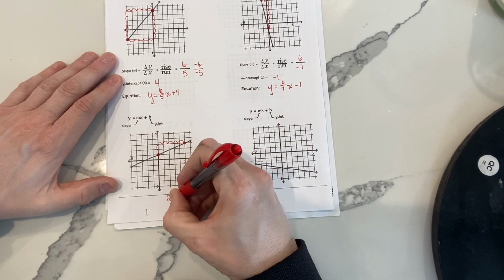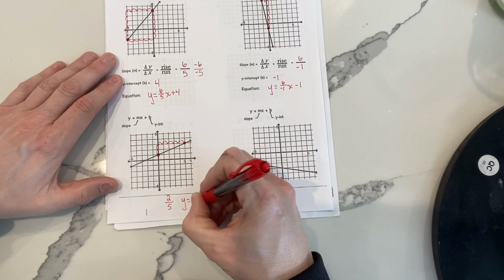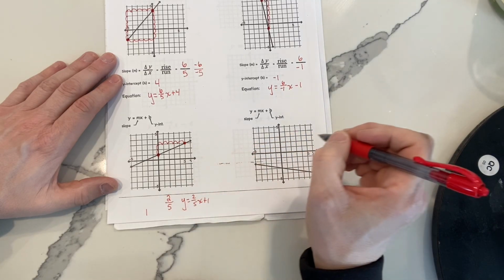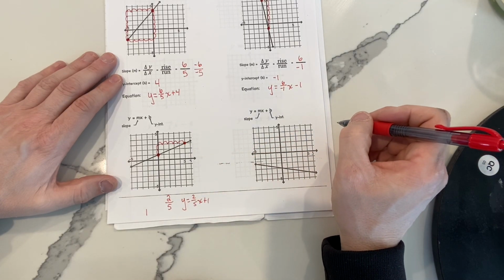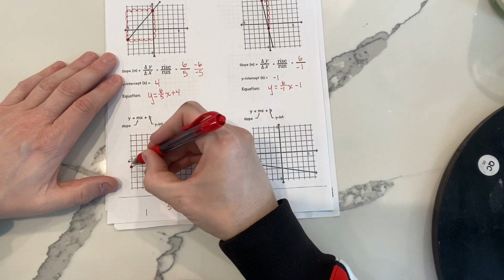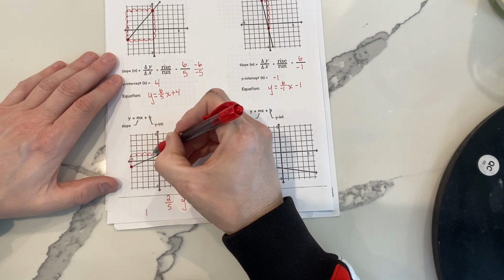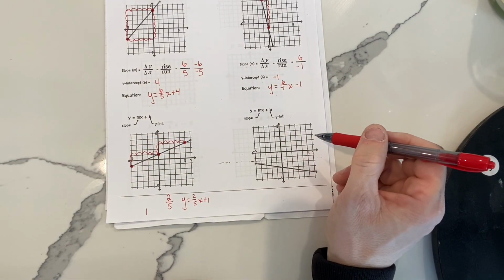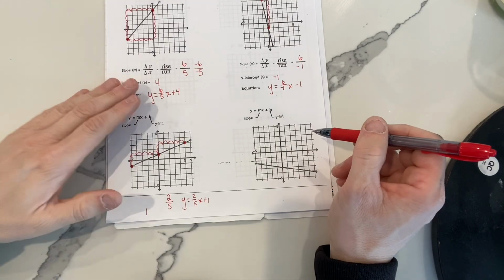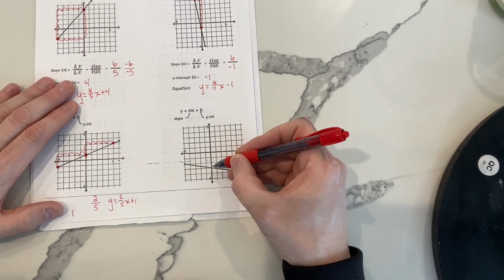So the rise is 2, the run is 5. The equation is y equals 2/5 x plus 1. Okay, so let's see if we said this one. The rise is 1, 2. 1, 2, 3, 4, 5. Yep, you could have went either way. Nice.